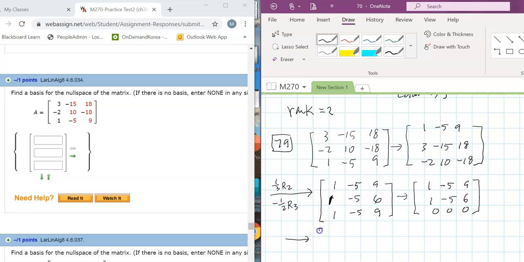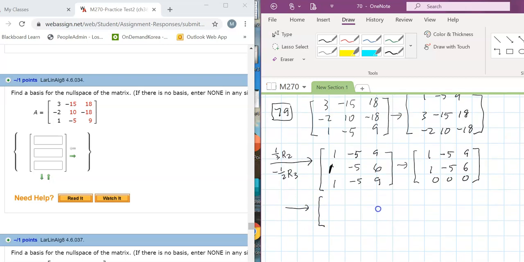So that is 1, -5, 9, 0, 0. That is 3, 0, 0, 0. Is that right? So that means 1, -5, 0, 0, 0, 1, 0, 0, 0.